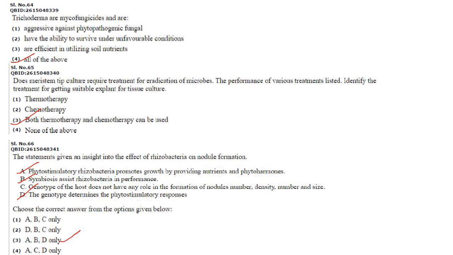Yes. Genotype of the host does not have any role in the formation of nodule number, density and size. No, genotype of the host does have a role in the formation of all these things. The genotype determines the phytostimulatory response. That is also correct. So A, B, D are correct and the answer is option 3.